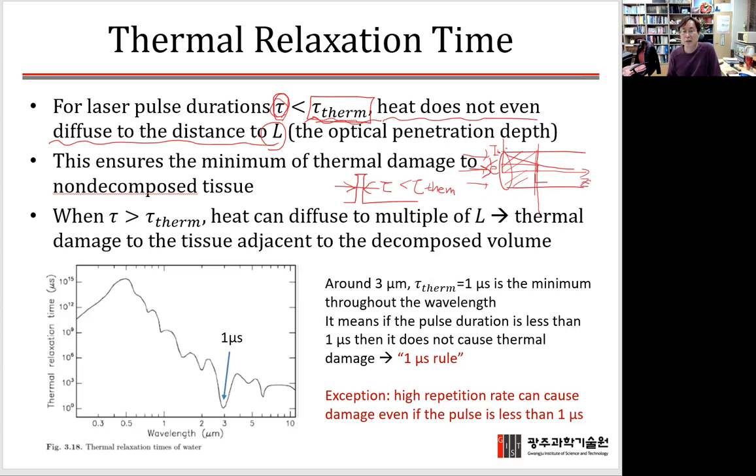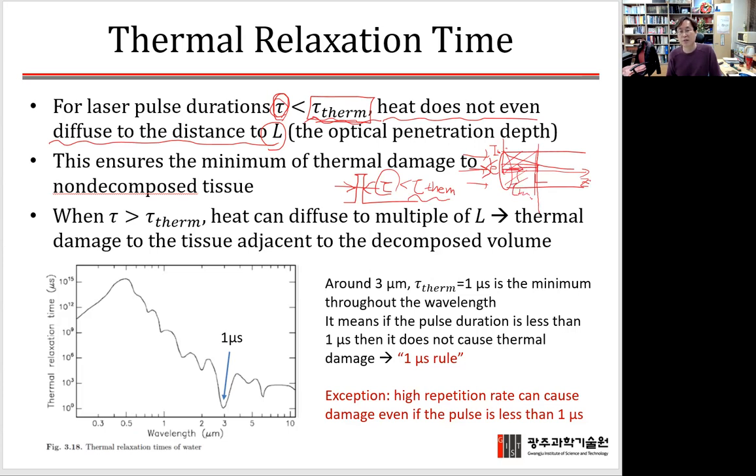But if tau is smaller than the relaxation time, then the heat starts to conduct from here toward this point at 1/α, and it takes tau_therm.